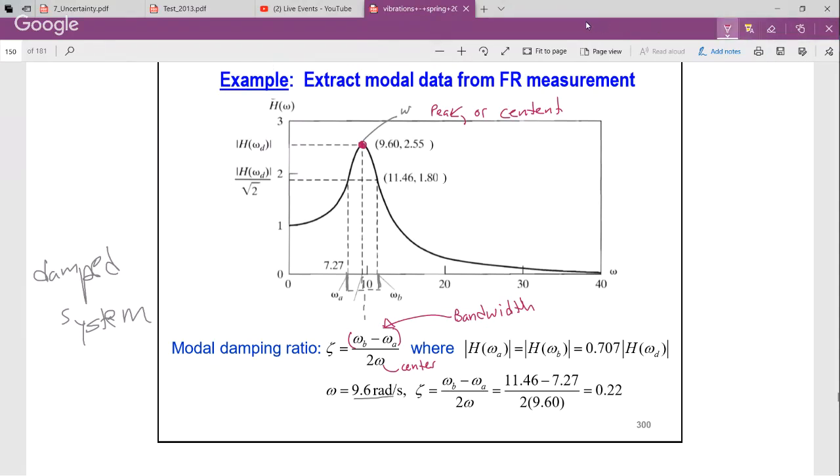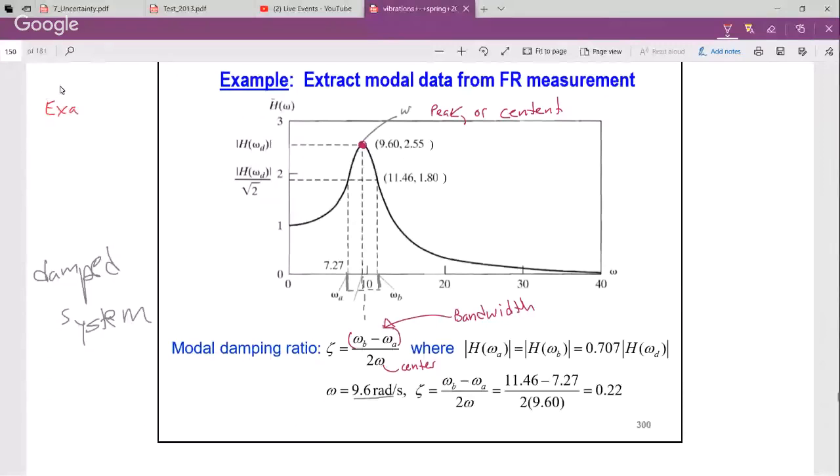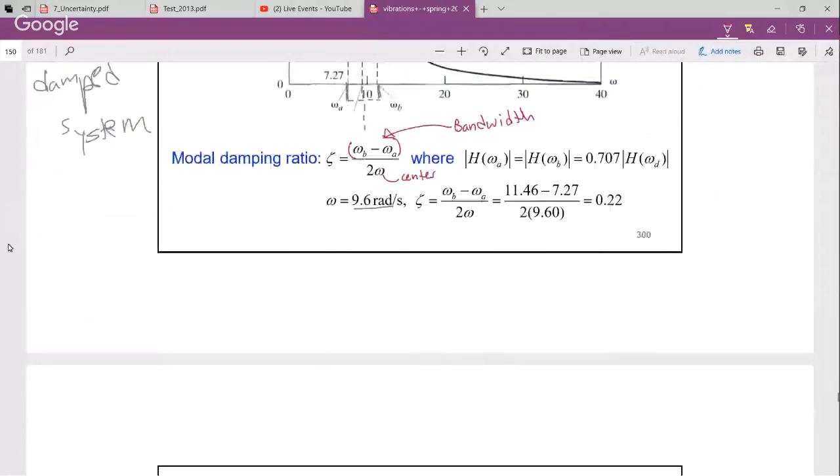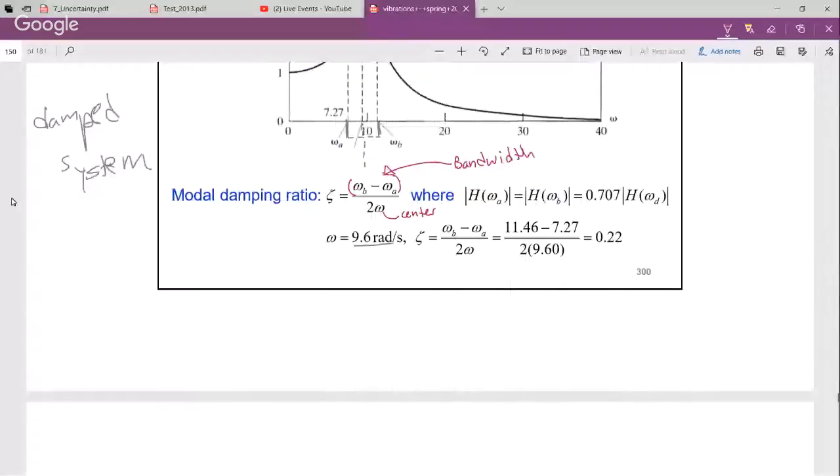So when we take 2.55 and multiply by 0.707, what do we get? 1.8. All right, so we draw a horizontal line at 1.8. What does that define? This right here. Bandwidth. That's the bandwidth of this peak.